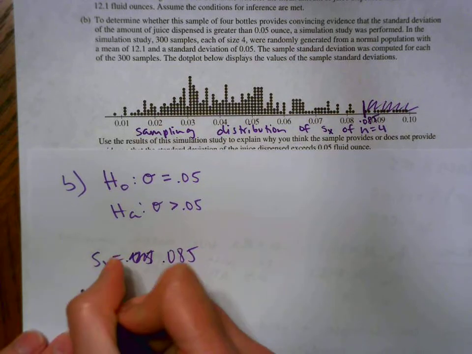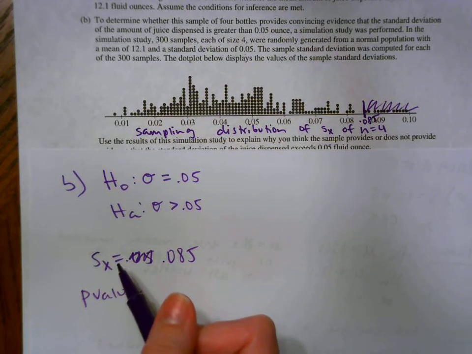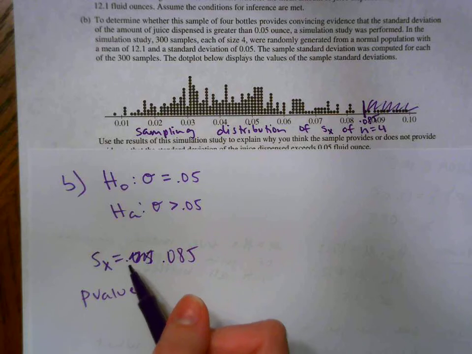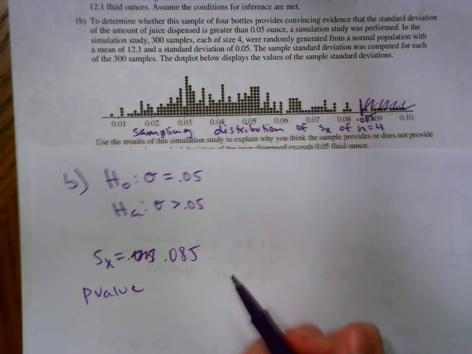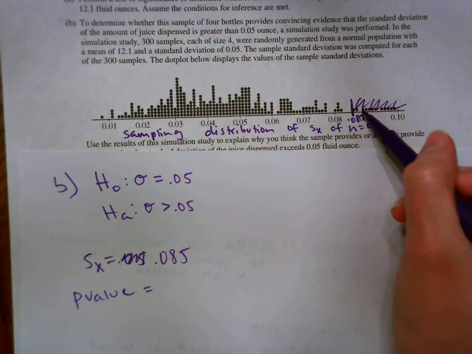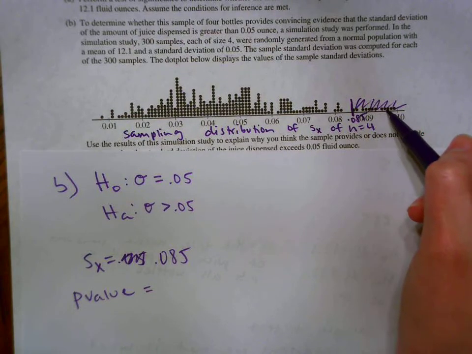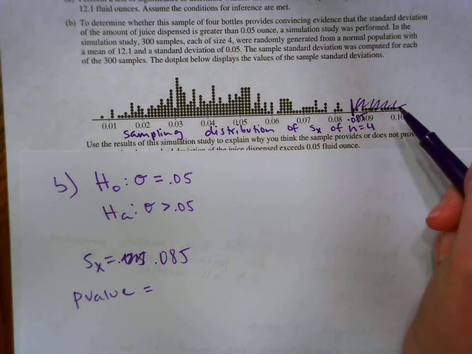So for our p-value, notice we didn't get our test statistic. I didn't change this to be T or Z. You don't theoretically have to do that if you have the sampling distribution. So how many were greater? 1, 2, 3, 4, 5, 6, 7, 8, 9, 10, 11, 12. I think I counted, right?